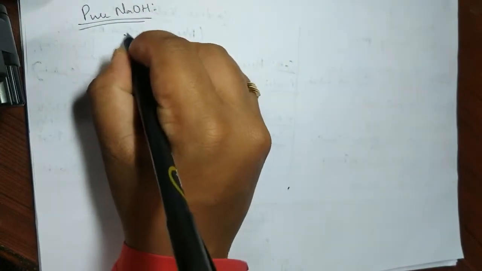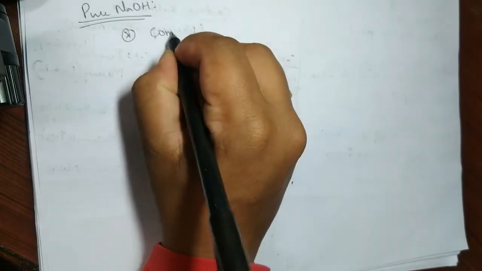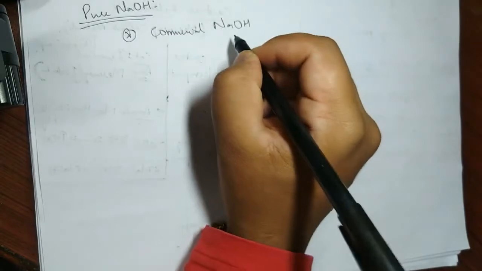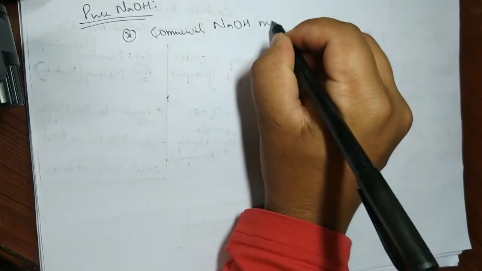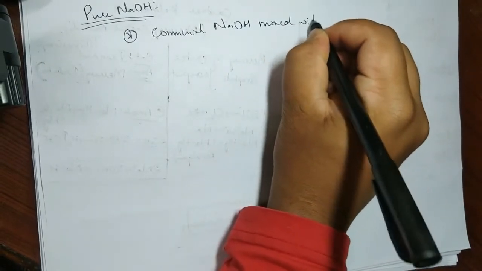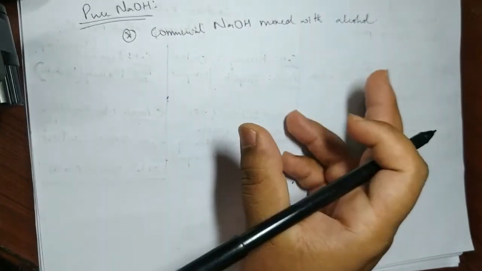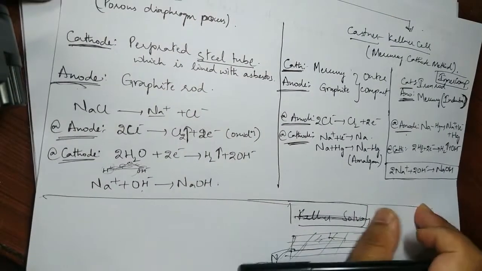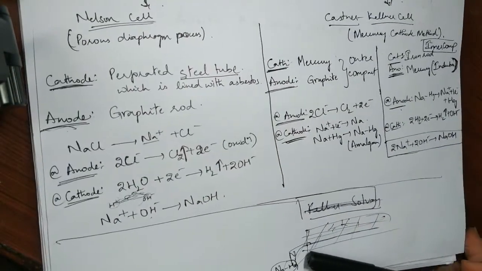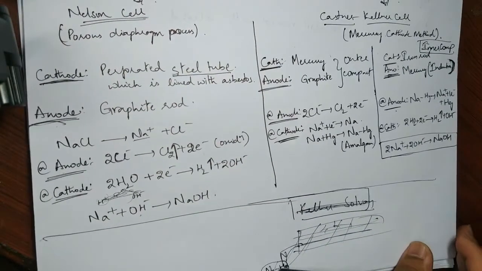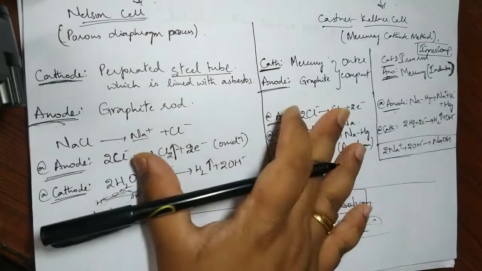Very simple, I write it in words. What we have seen earlier is the commercial way. So the commercial sodium hydroxide is mixed with alcohol. Normally there are other salts and impurities, so it is not always 100% pure, somewhere around 40 to 60% only we get, either by these two processes or the previous process.